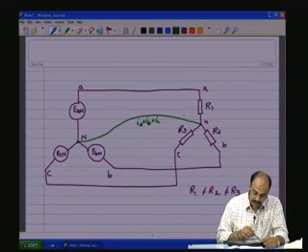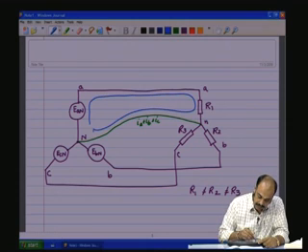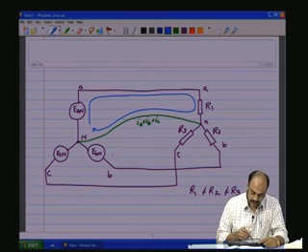When such a connection is made, then EAN and its single phase load becomes an independent circuit.